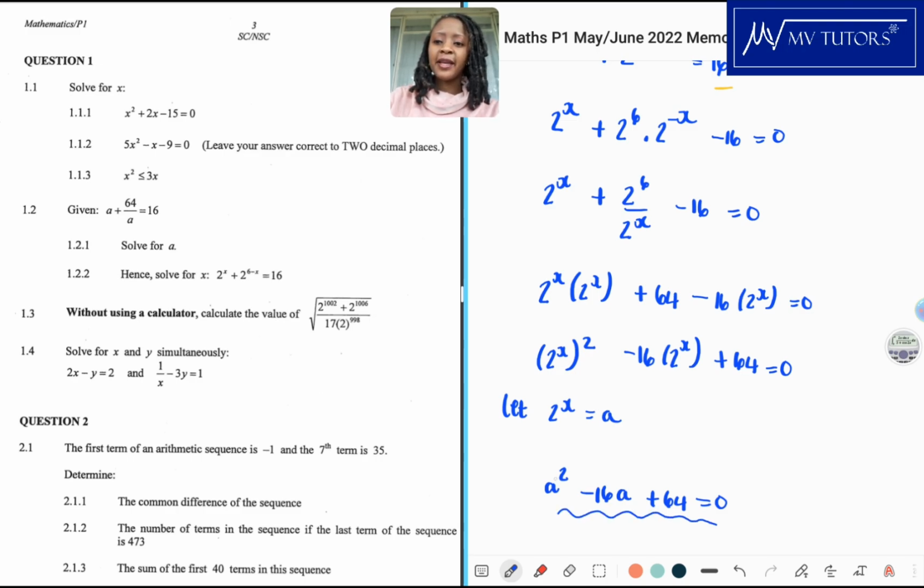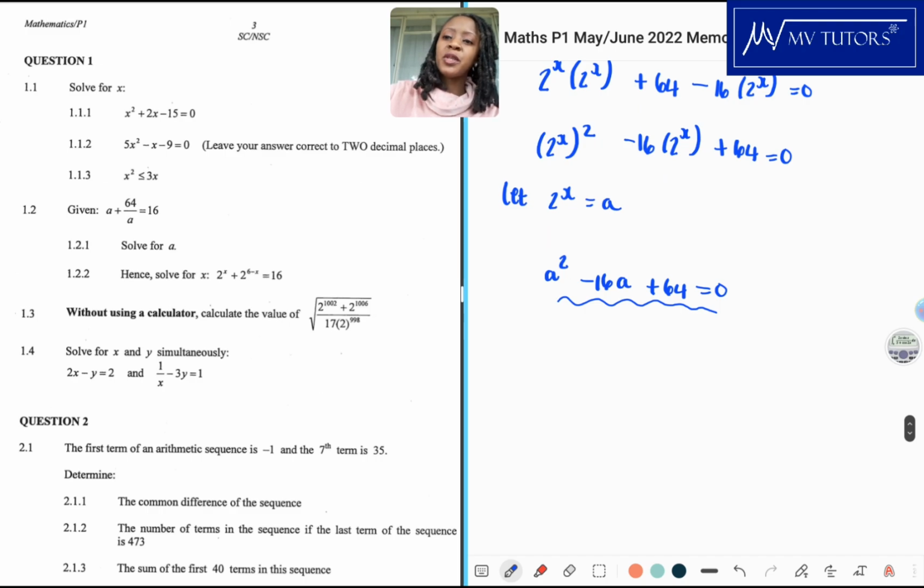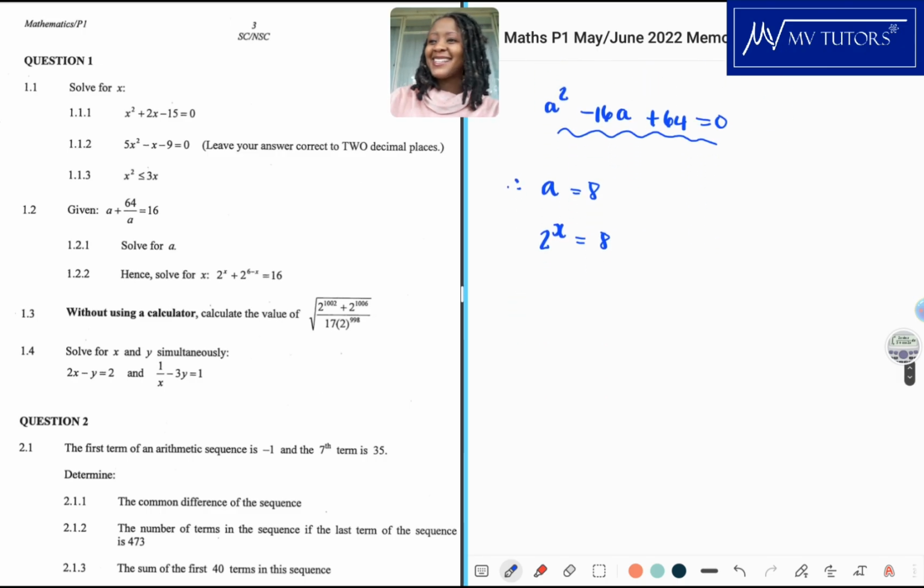Because 2 to the power x is a, I have a squared minus 16a plus 64. And what did we know about a? We knew when we solved it that a is equal to 8. So I can say 2 to the power x is equal to 8, and then we can solve for x. 2 to the power x is equal to 2 to the power 3, because 2 to the power 3 is 8. And at the end, x is equal to 3, and we're done solving.